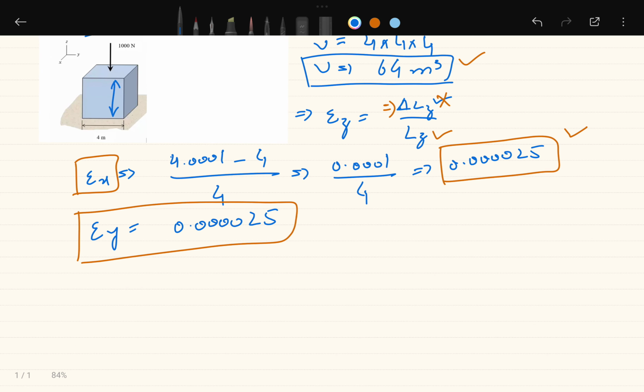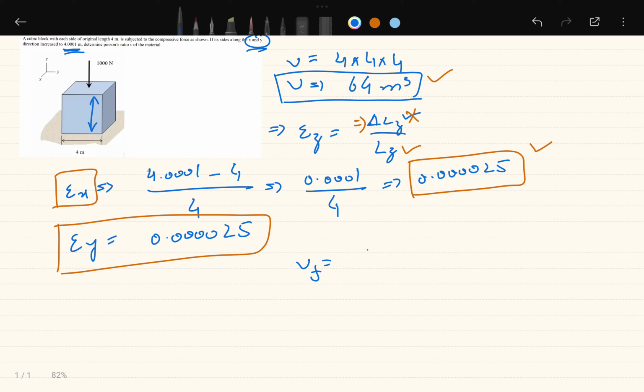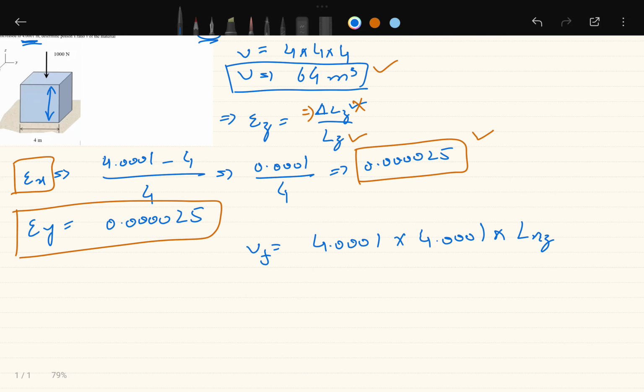Your final volume, Vf, will be equal to the new length of x, 4.0001, multiplied by the new length of y, 4.0001, and then multiplied by the new length of z, Lz. We know the final volume stays the same as the original volume, which is 64.